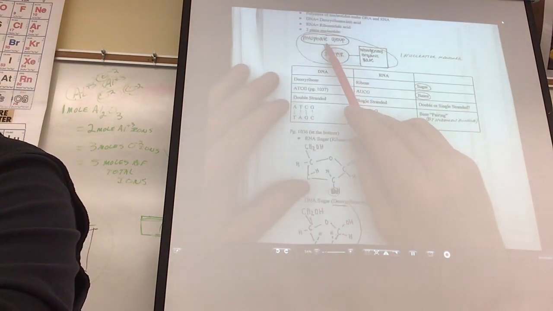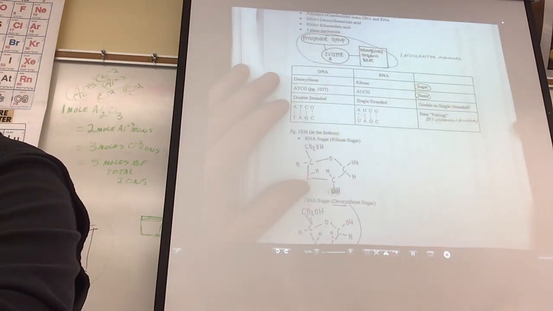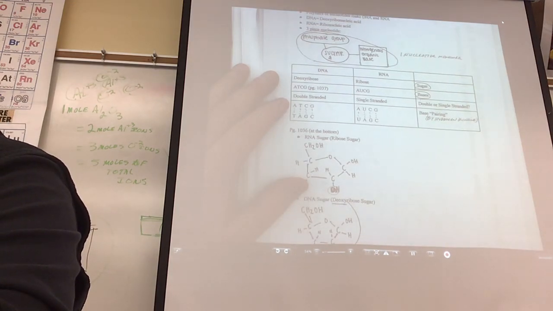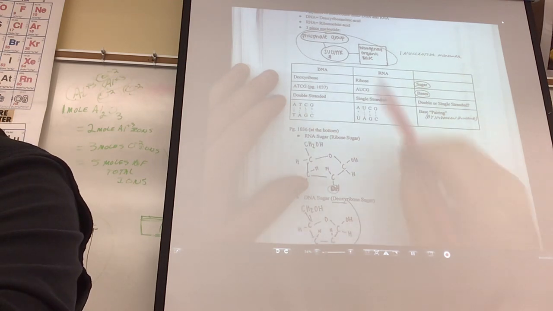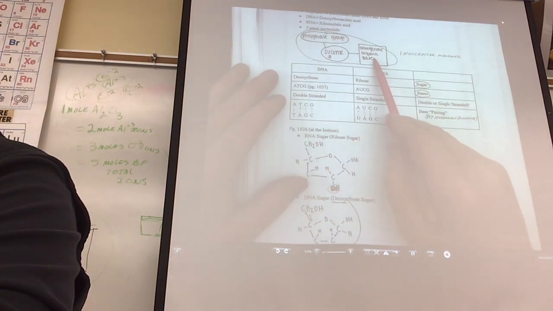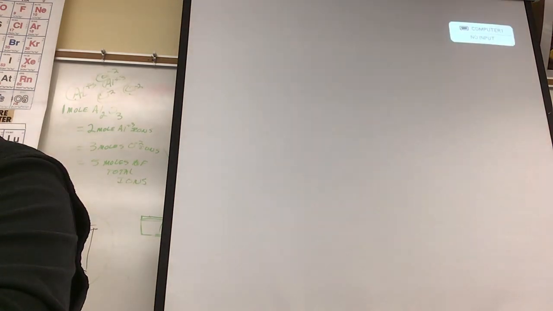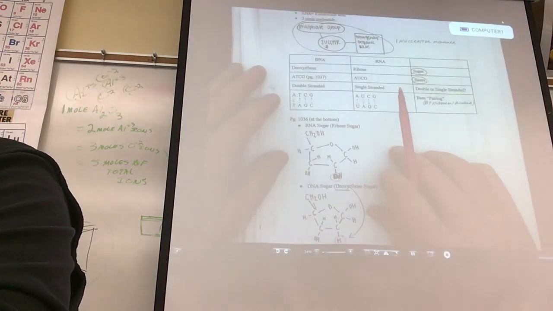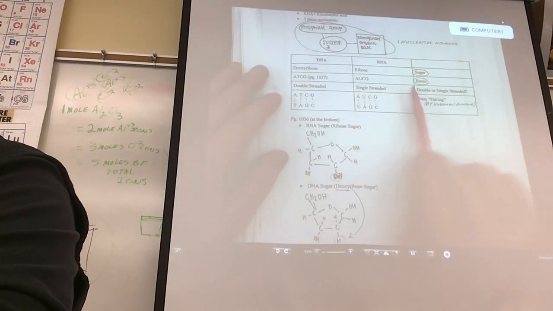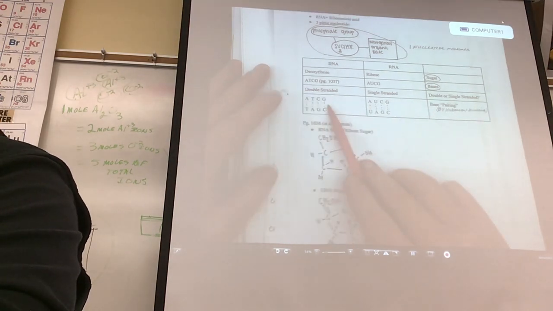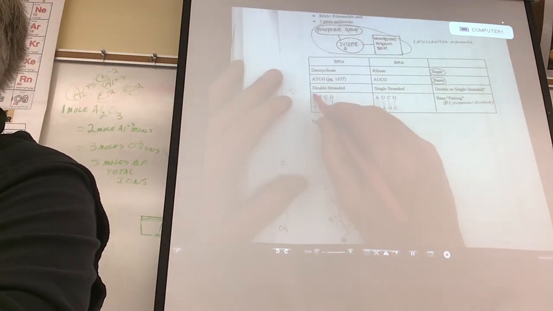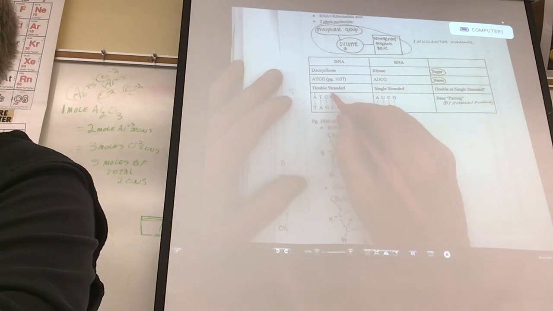So now we got the sugar part done. Next, the phosphate group is PO4 phosphate. You know what phosphates are, and those are identical for everybody, DNA, RNA, same thing. But this is where it is different. There's a base, and I'll show them to you in just a second. The base is found in DNA right here. They found 4 bases in DNA: adenine, thymine, cytosine, and guanine.